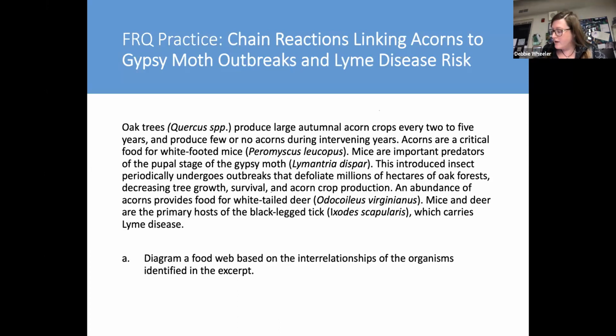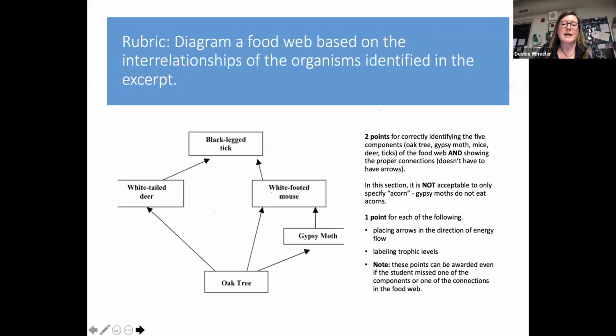And you should have in your food web the acorn or the oak tree really specifically, the deer, the mouse, the gypsy moth, and the black-legged tick. Okay. So I'm going to go ahead and show you this so that I can ask you a little bit about design.